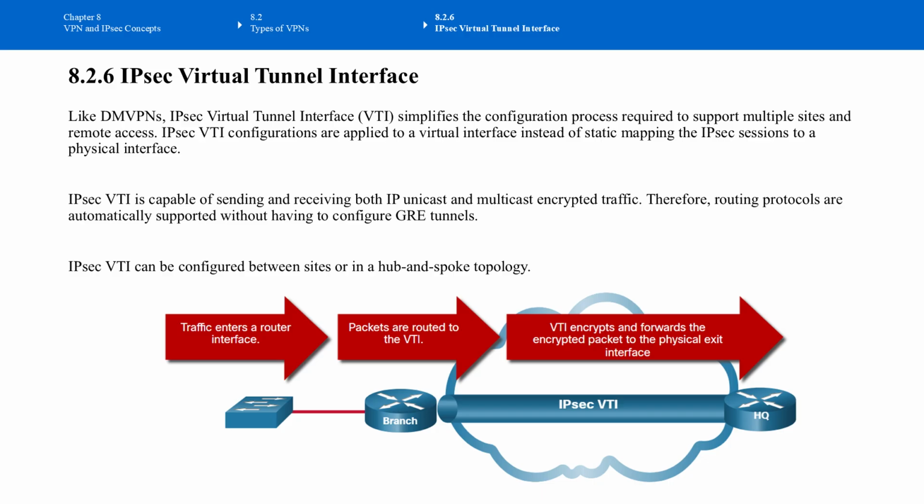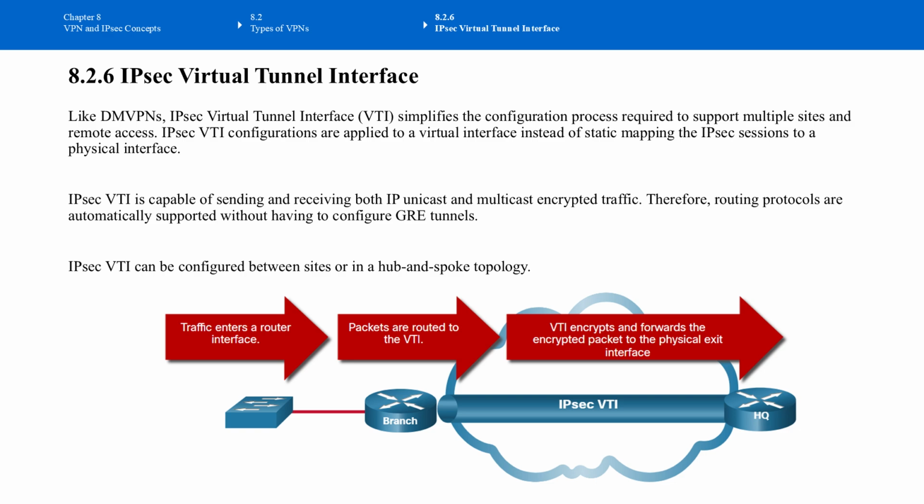This figure shows an IPsec VTI connecting a branch office to the headquarters. VTI is a logical router interface associated with an IPsec tunnel. The traffic first enters the branch router through an interface. The router uses the routing table to determine where the packet should go.